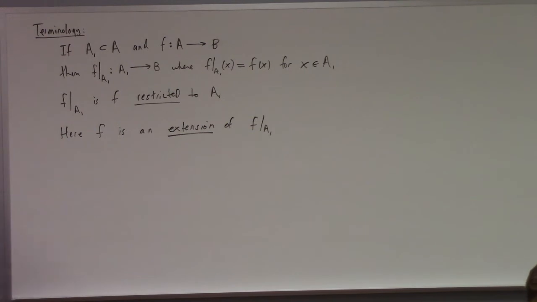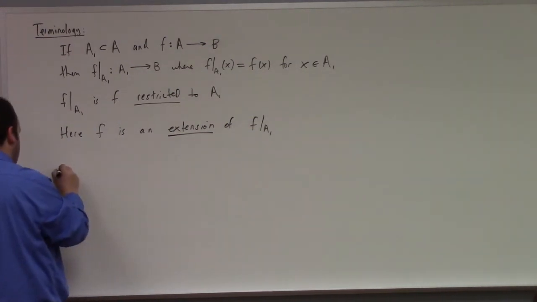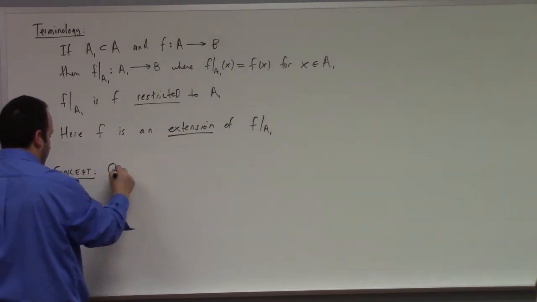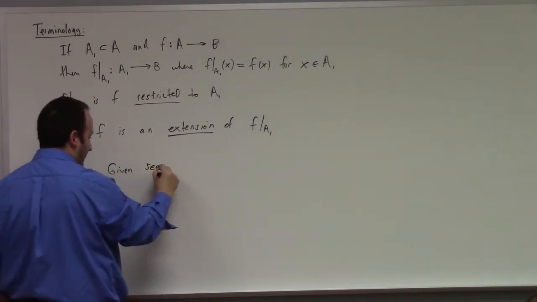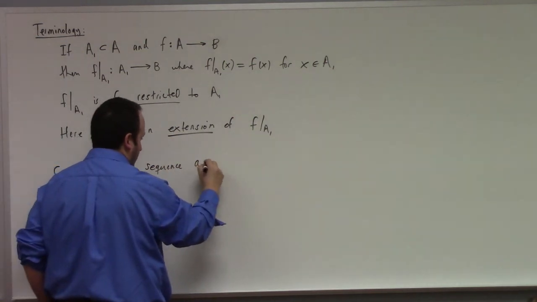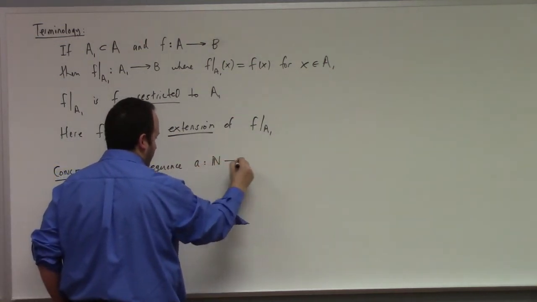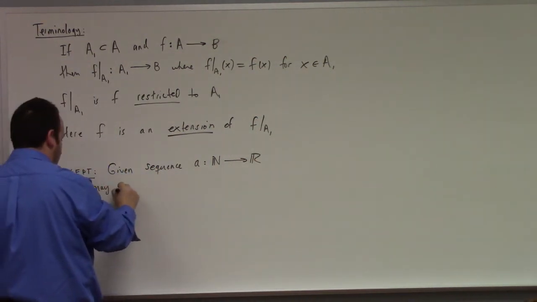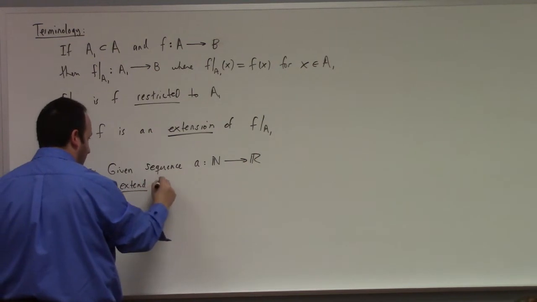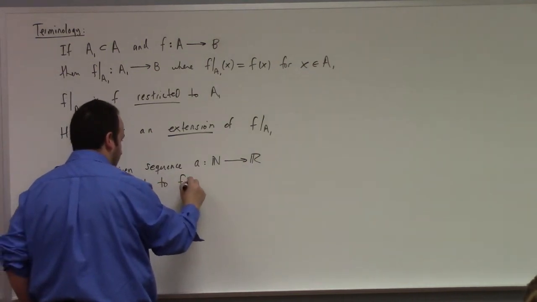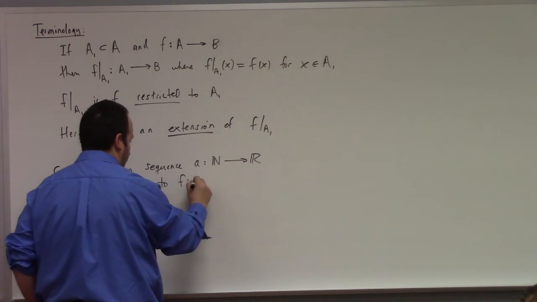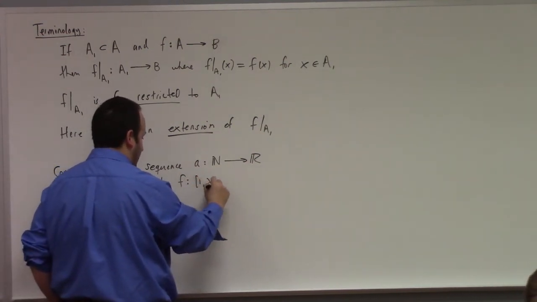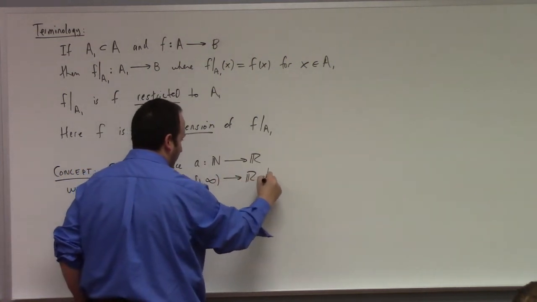So what I'm suggesting here is a concept: given a sequence A from the natural numbers to the reals, we may extend it to f from, let's say, 1 to infinity to the reals, by what rule?